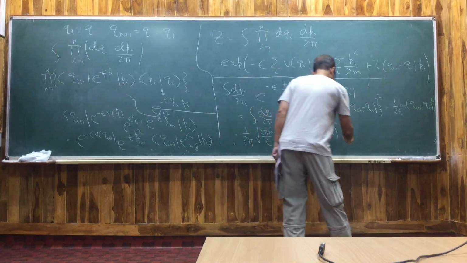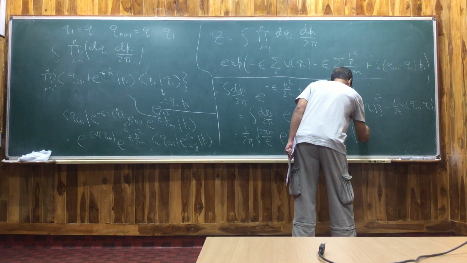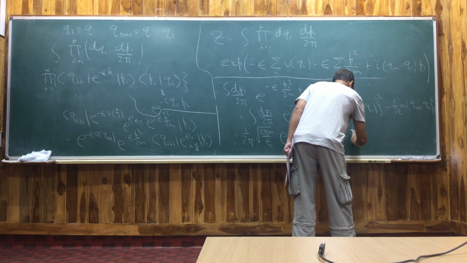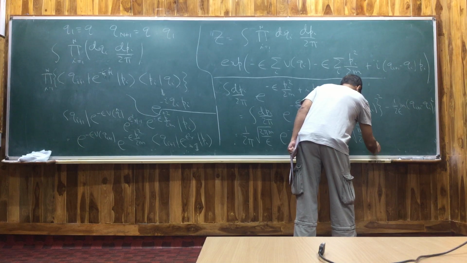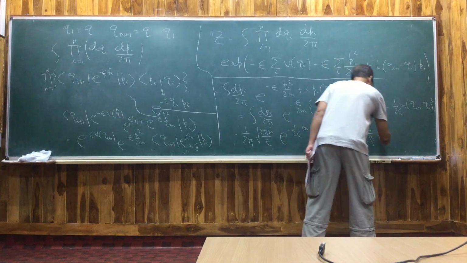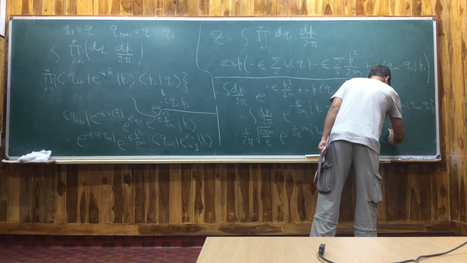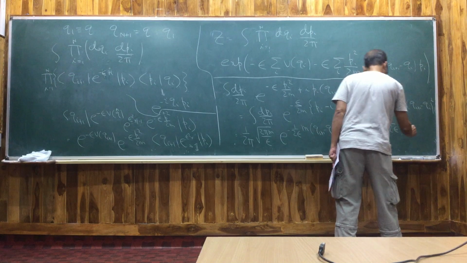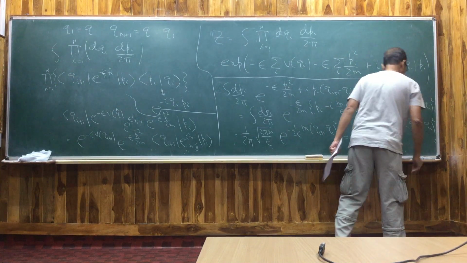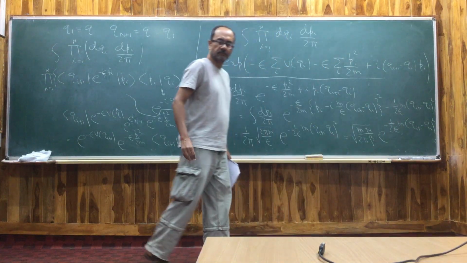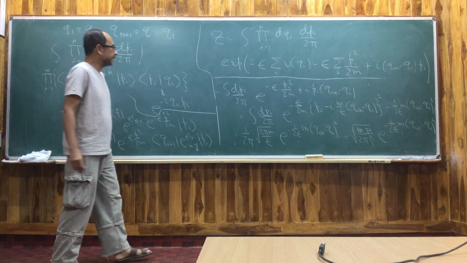Let me write this factor a little better: square root of m n over 2 pi beta. So this is the result of the p integral.